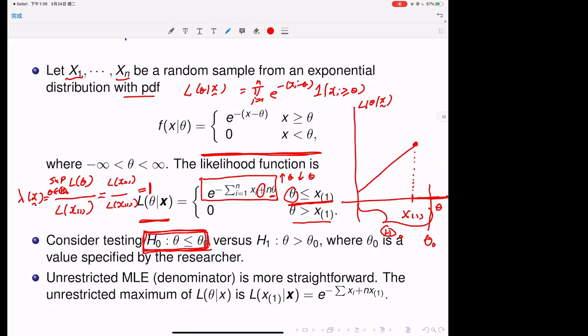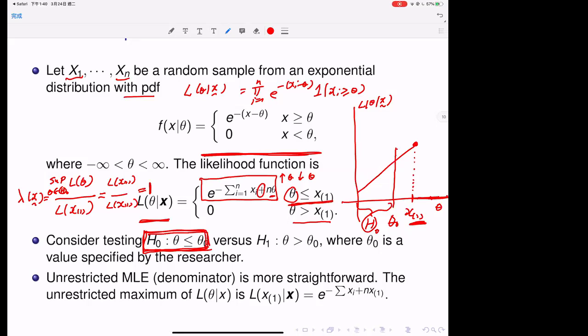Now what happens if this is my theta 0, and this region becomes my null space? Does my x1 still qualify as the MLE?